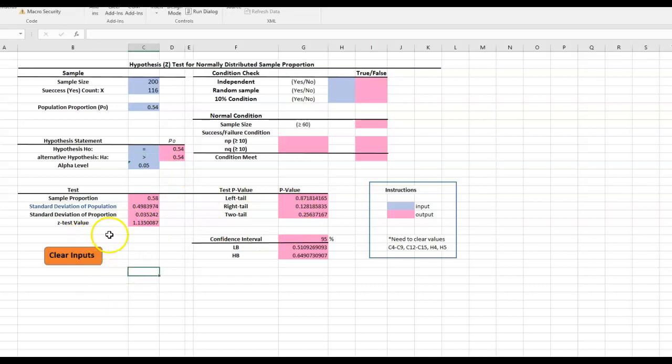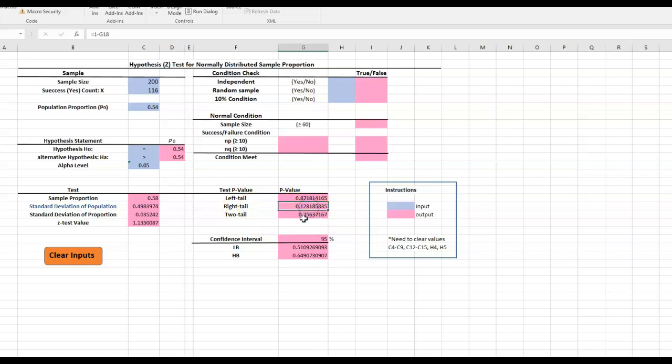We have calculated the test value. We get 1.135, which is the same as our result, approximately 1.14.